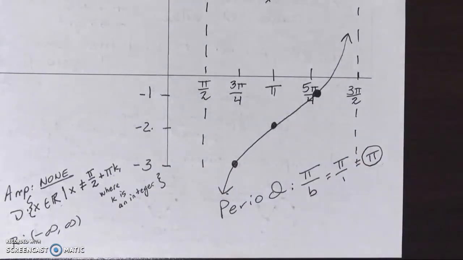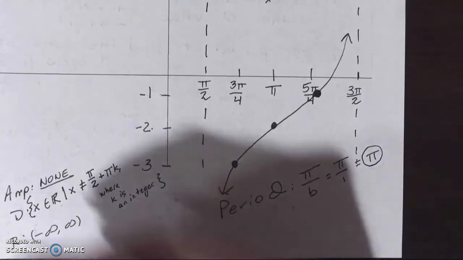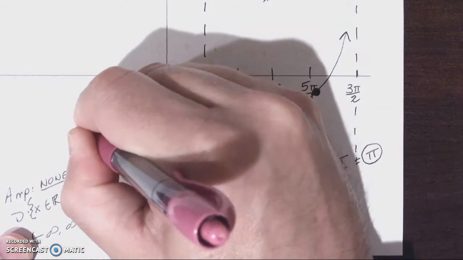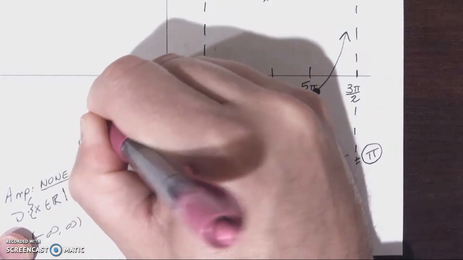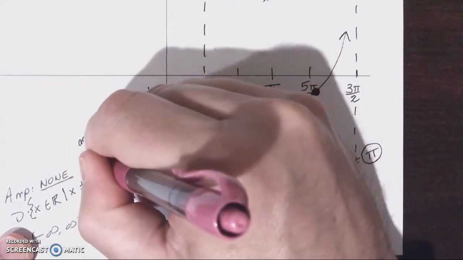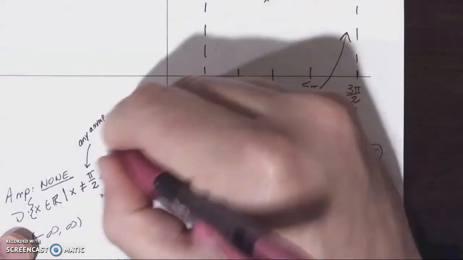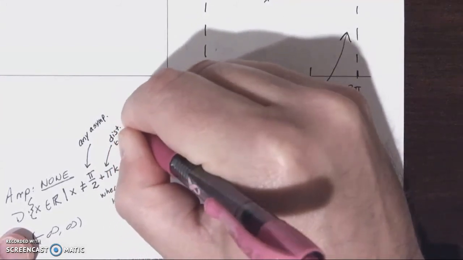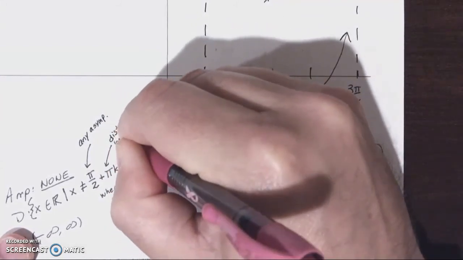Okay? So if you want a more formulaic way to find the domain, x cannot equal. You can pick the x value of any asymptote that you see on your graph, and then the coefficient of k will be the distance between asymptotes.